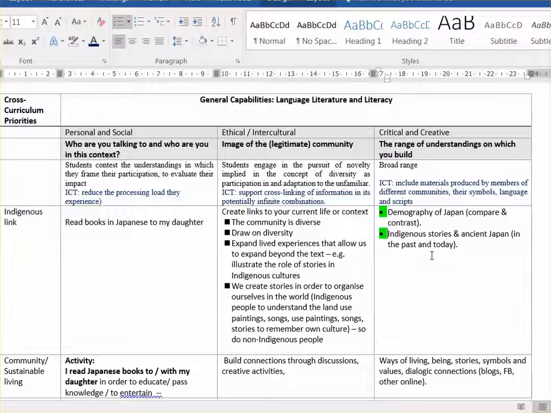And it's exciting. If you analyze an activity, not just myself in Japanese, but how can I evaluate my participation in Japanese in relation to the curriculum? When I read, this is just fiction, but if I were to read Japanese books for my children, would I be using those indigenous stories?